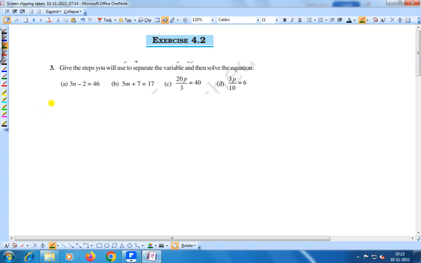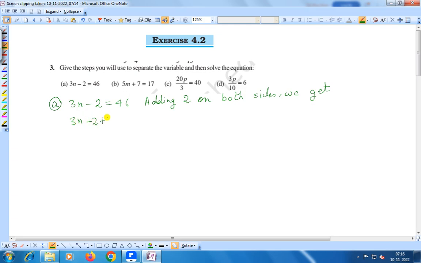Part A is 3n minus 2 is equal to 46. Adding 2 on both sides, we get 3n minus 2 plus 2 is equal to 46 plus 2.